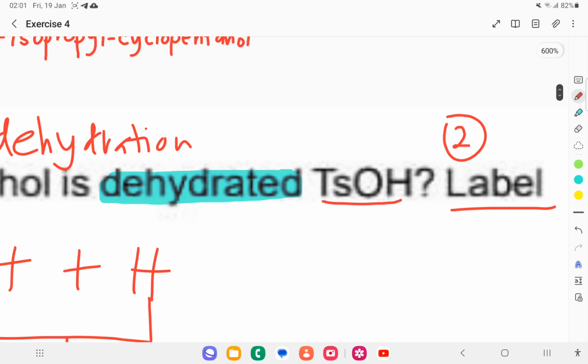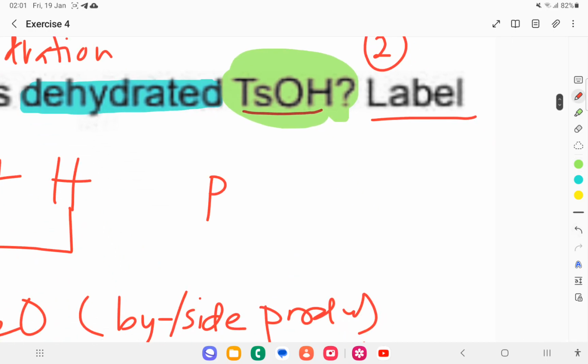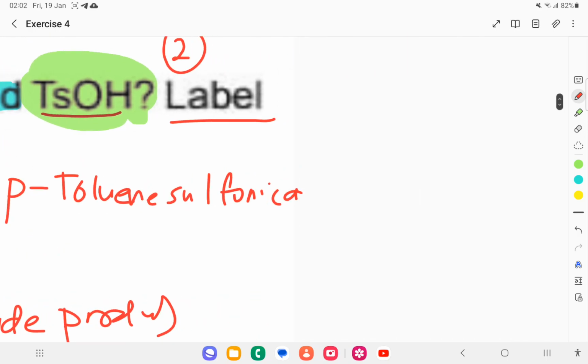And what is TsOH? TsOH is para-toluenesulfonic acid.